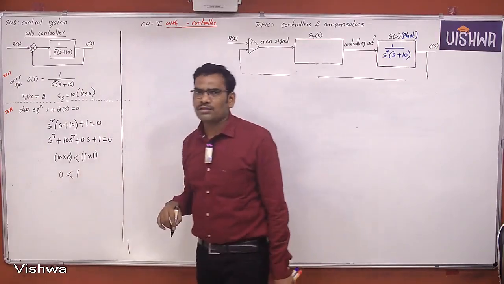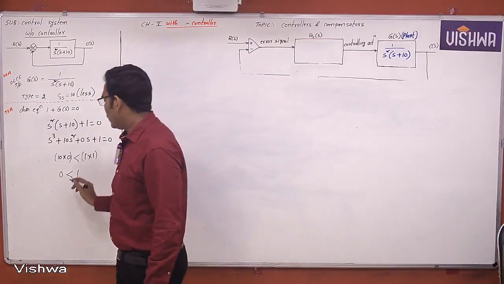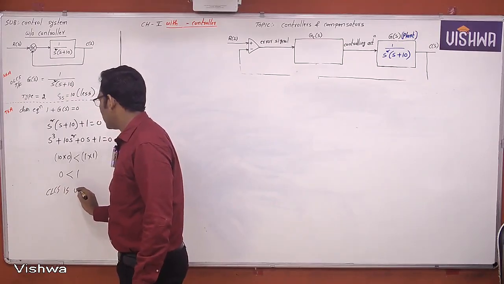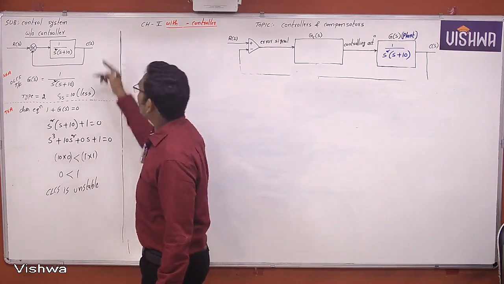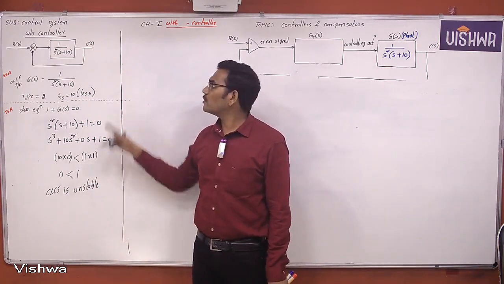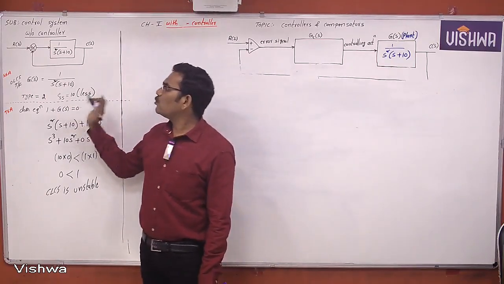The internal quotient product is less than the external quotient product, therefore the closed loop control system is unstable. So without any controller, the system itself is an unstable system, but which is good at error.